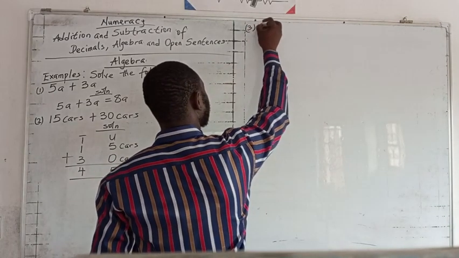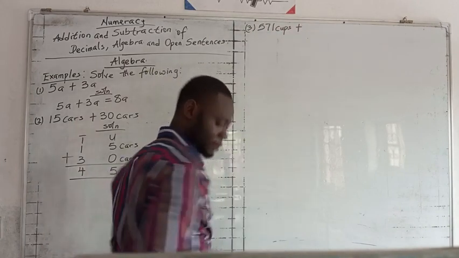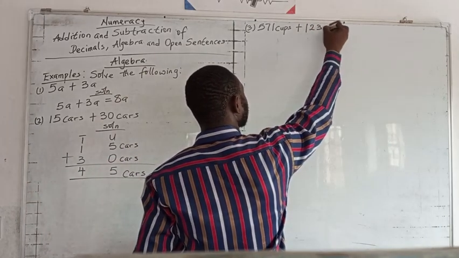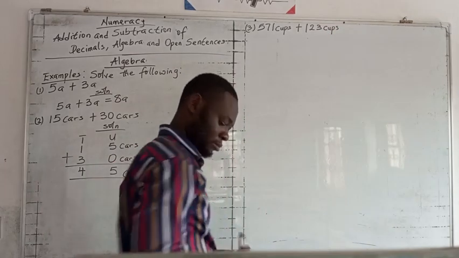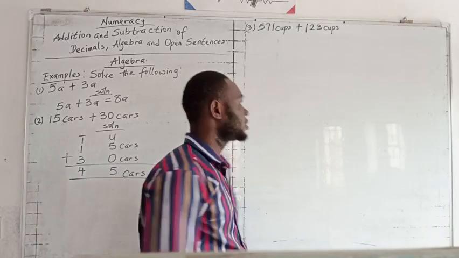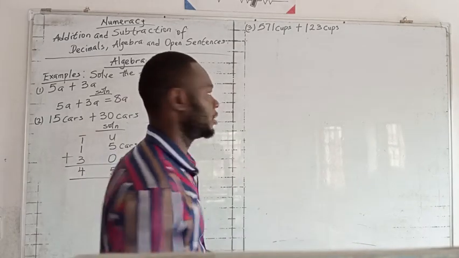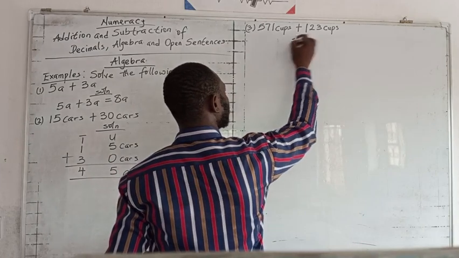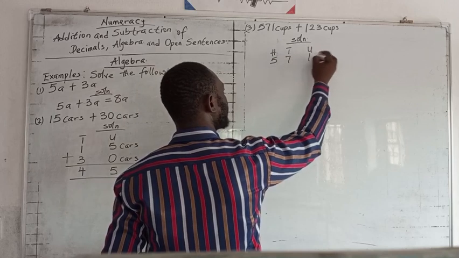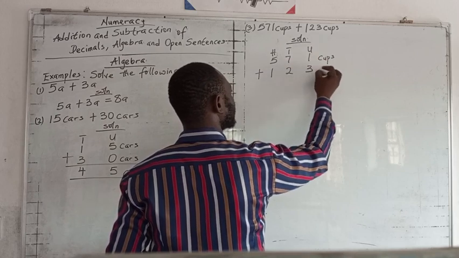Number 3. 571 cups plus 123 cups. Same thing. Add the numbers and attach the variable. So solution. Remember that this is what? Hundreds, tens and units. So 571 cups plus 123 cups.